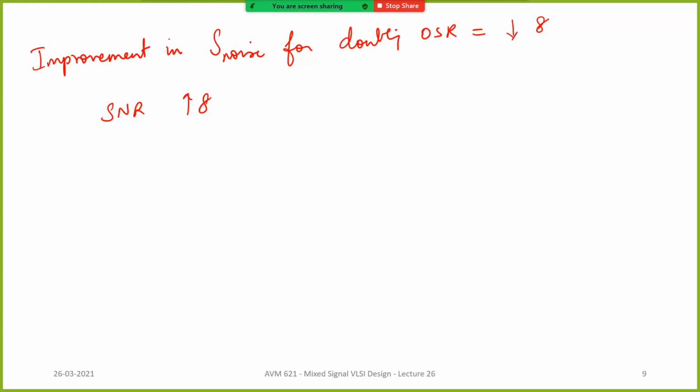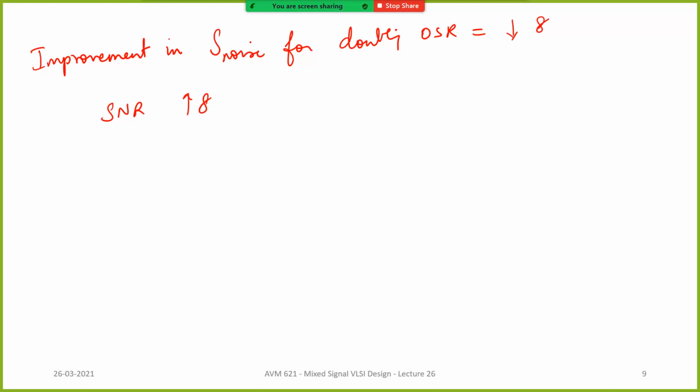Now, the pi square term is also there. I'm saying that if you take an OSR of 32 and shift it to an OSR of 64, changing only the OSR, you'll have an increase in SNR by a factor of about 8.